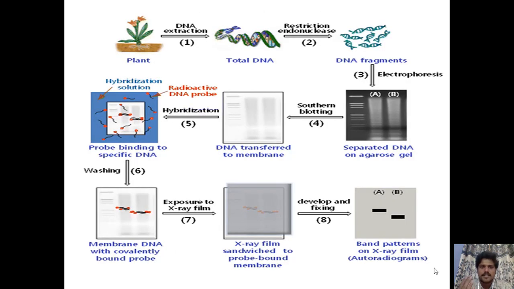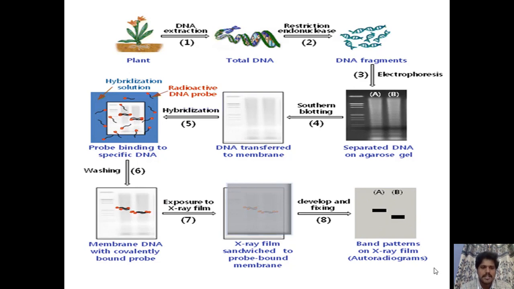Number one, extracting the DNA, then cutting with restriction endonucleases, then subjecting those to gel electrophoresis, separating DNA fragments on agarose gel, then they are subjected to Southern blotting. DNA is transferred onto the membrane. Further, these are attached to the radioactive probes, then remove the excess probe, then wash.